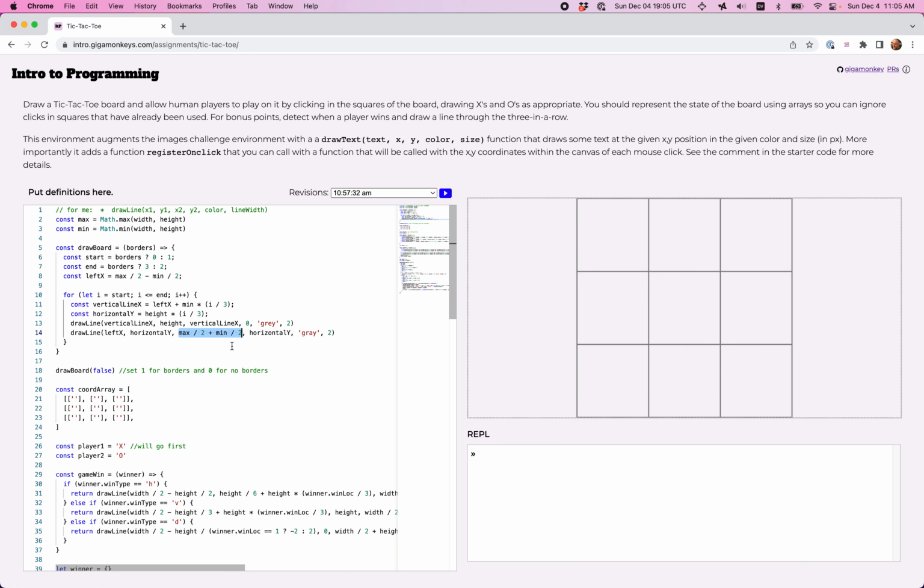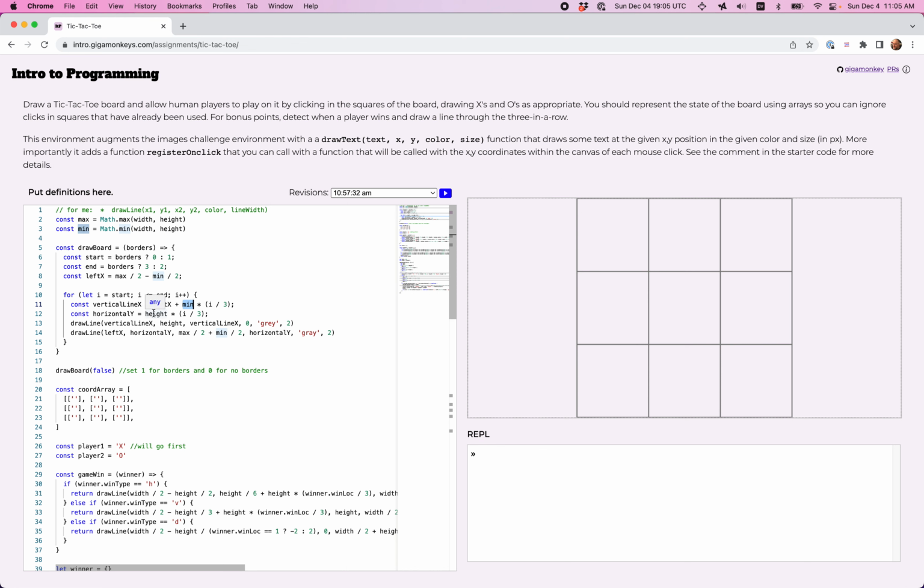It obviously works, but I feel like this horizontal line goes from the left x to the right x, which is the left x plus the width of the board, or the dimension of the board, which here we were using min as that.